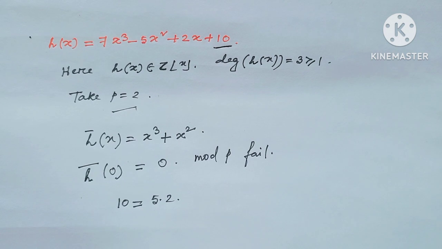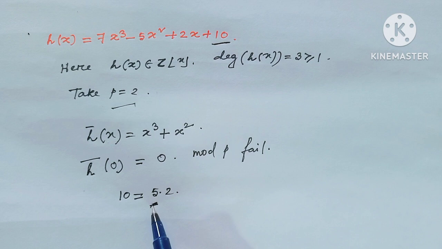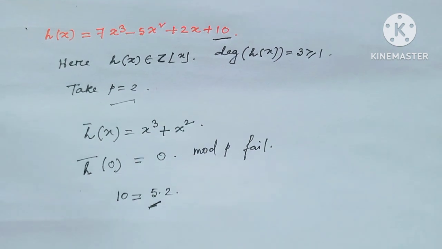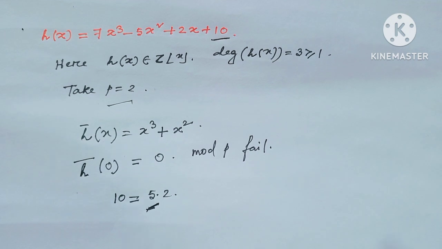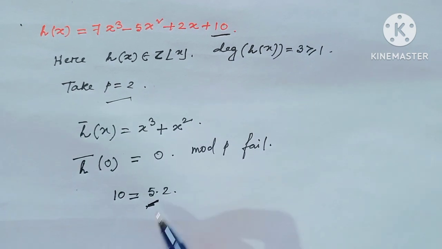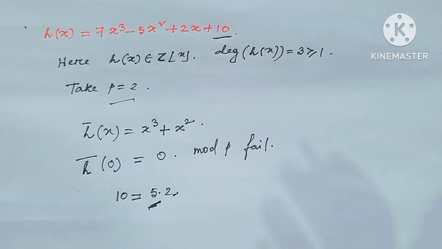So we cannot choose p equal to 2 or p equal to 5. That means we have to choose another prime number. This is the shortcut trick.